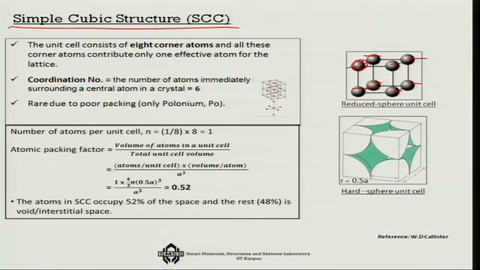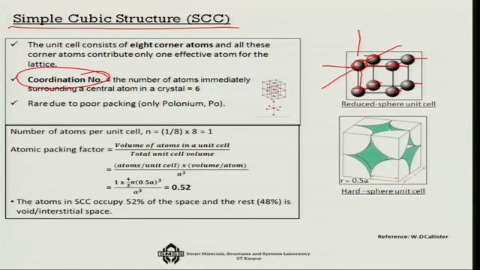If you consider each one of them, then in each direction, like this direction 1, it is getting shared, in this direction 2, in this direction 3, and 4, 5 and 6. So, like that there are 6 directions. So, its coordination number, that means the number of atoms immediately surrounding a central atom, is actually 6. So, that is how is the coordination number.